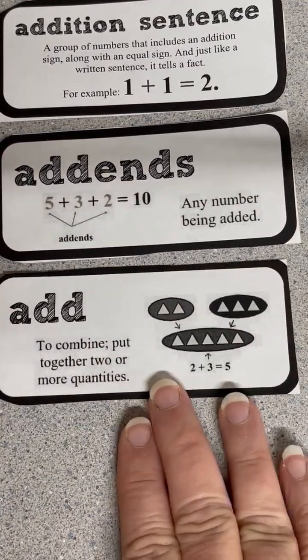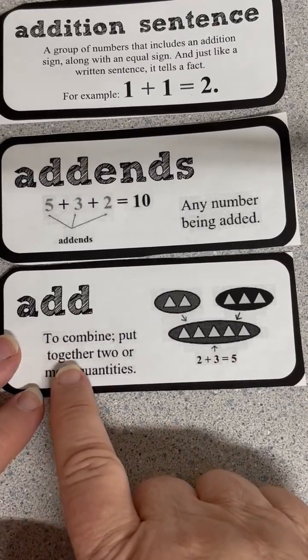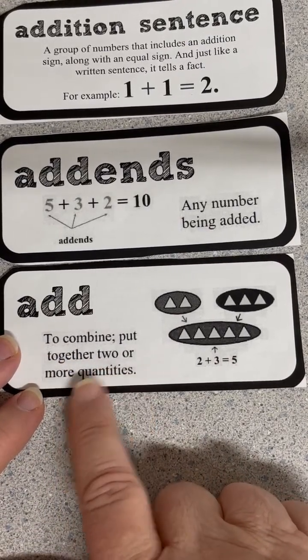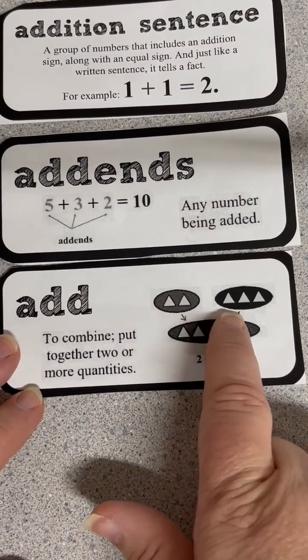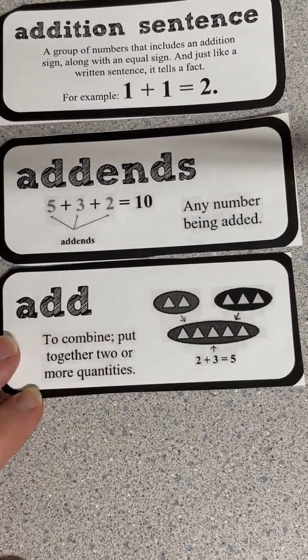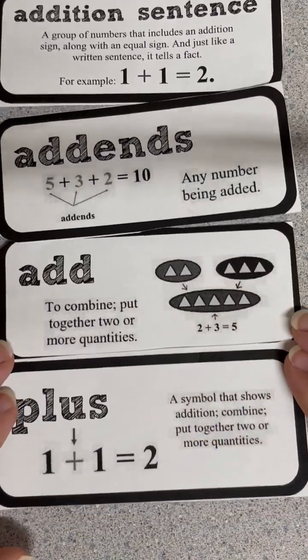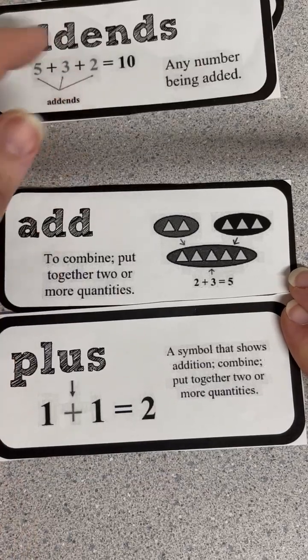If we add something together, we combine or put together 2 or more quantities. So there's 2. This one has 3. See, 1, 2, 3 of them? Now, we look at plus, which is kind of the same thing as add.